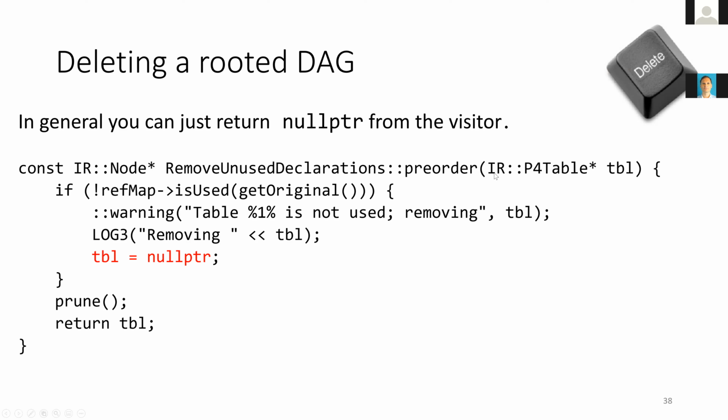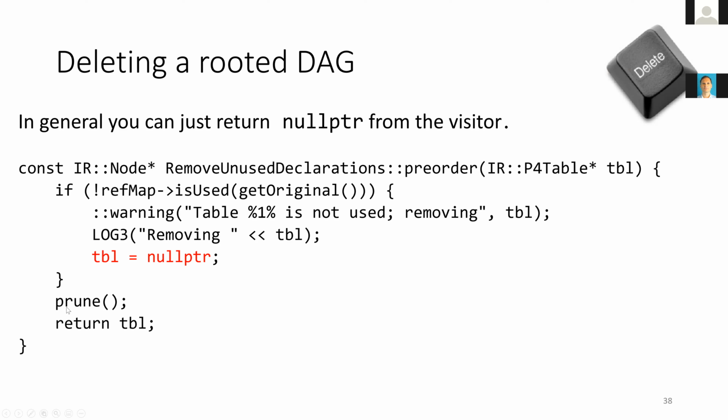So let's say we had a pass which checked whether a specific table is being used. And here we have a method which says if the table is not used, we want to delete it. So essentially we return a null pointer, and this will cause the table to disappear from the original program.